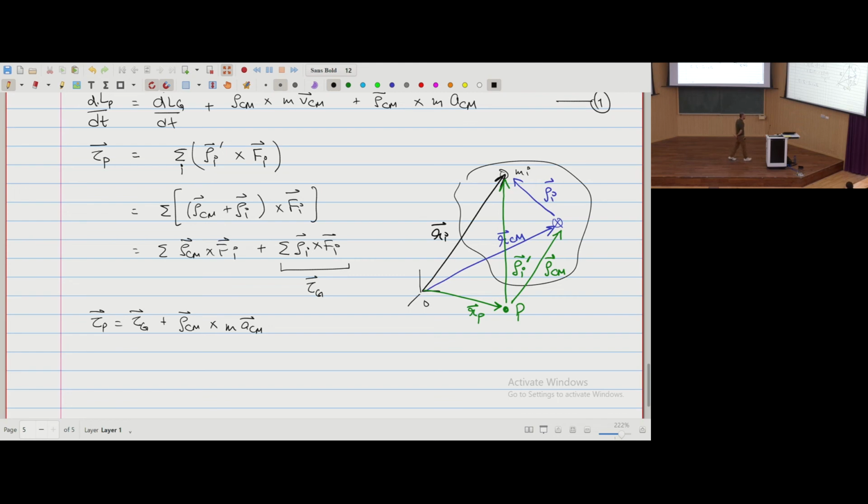If I move the summation over Fi, that becomes the net external force on the ith particle. That is, the total external force on the system. So summation Fi becomes m times acceleration of center of mass.